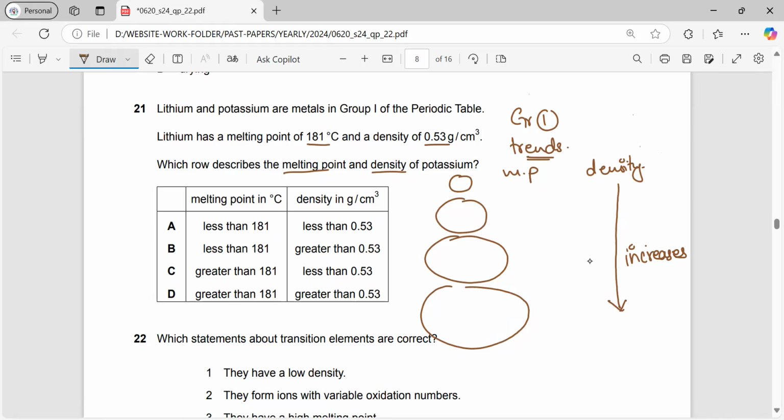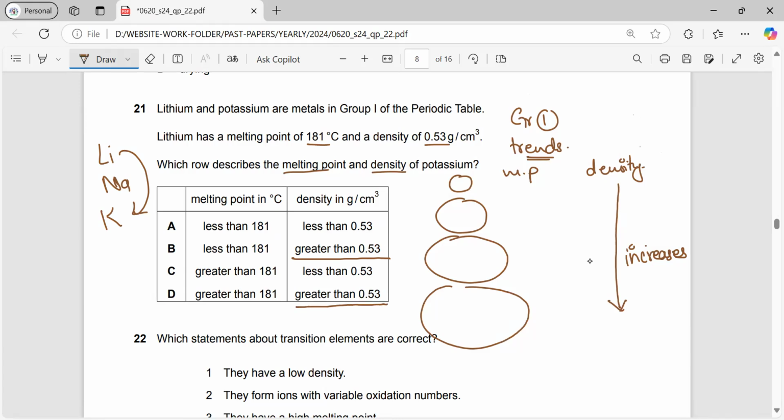We have lithium, sodium, and then potassium. So potassium is after lithium, which means its density is going to be greater than lithium.